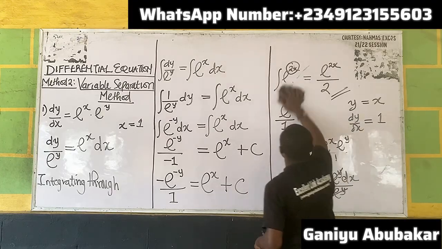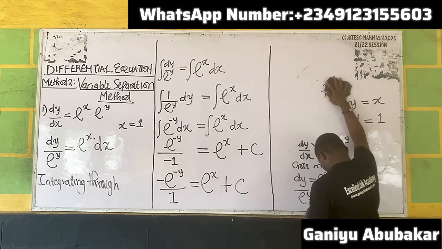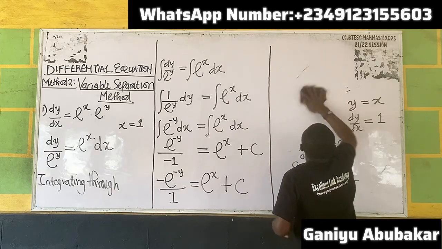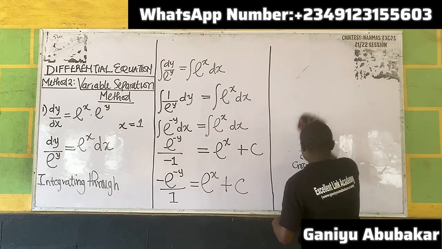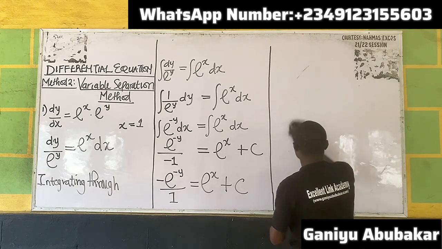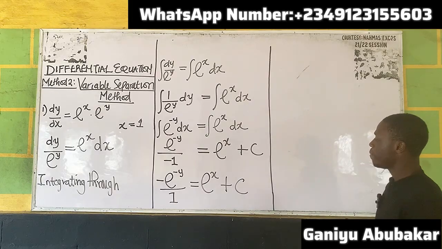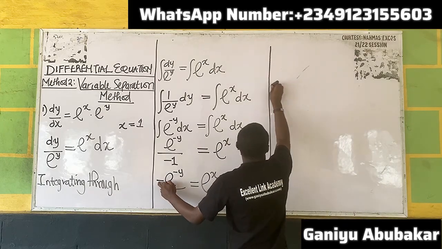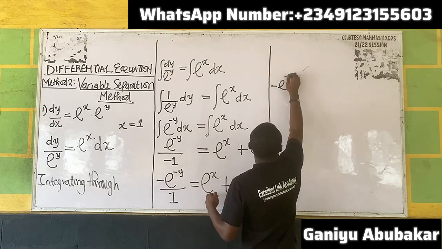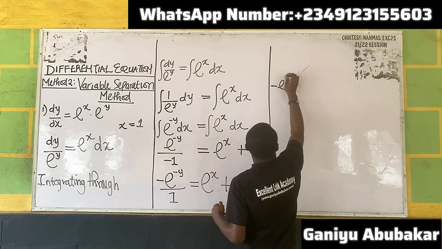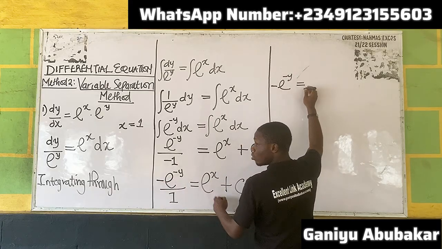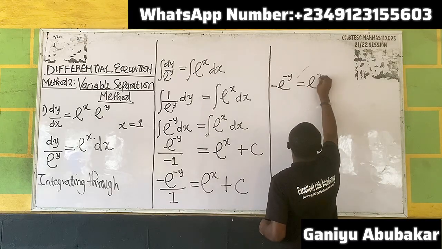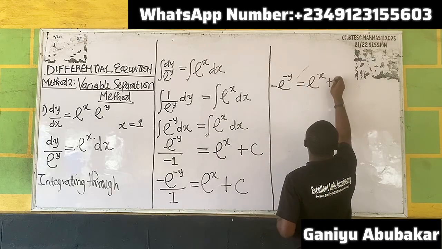Let's proceed, please. My next task, obviously, anything over 1 gives you that thing. So we're having negative exponential minus y is equal to exponential x, of course, plus c.